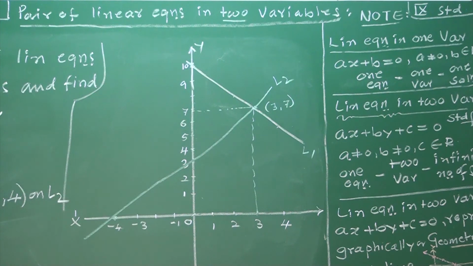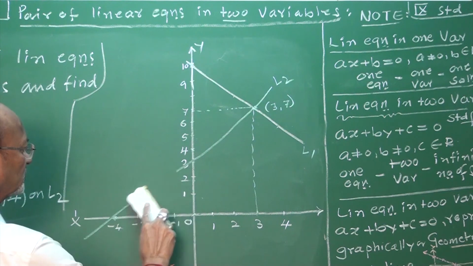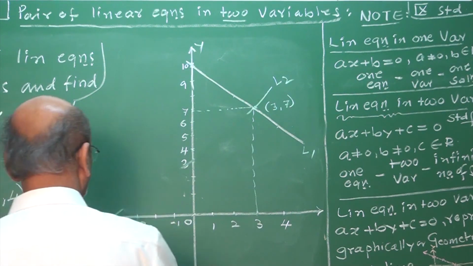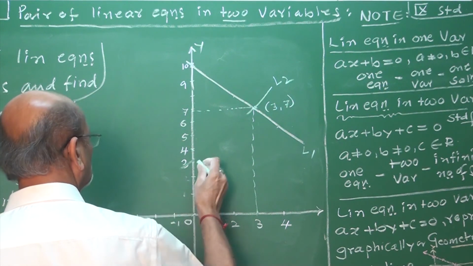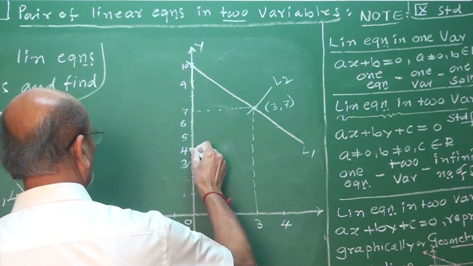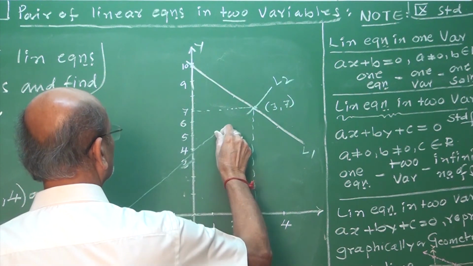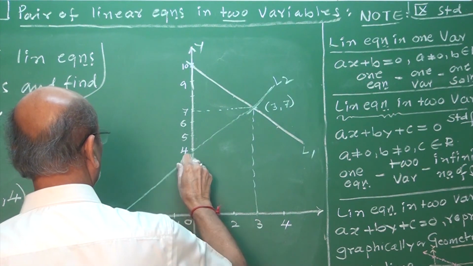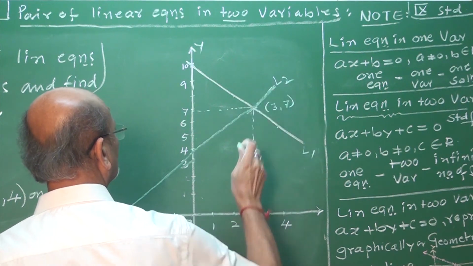Please see, our graph is not correct, the scale is not correct, so this is a little bit off. If you draw with the correct scale, you get a correct straight line.